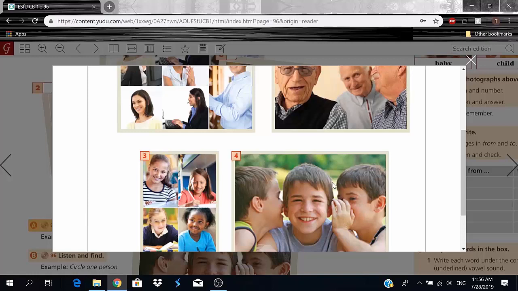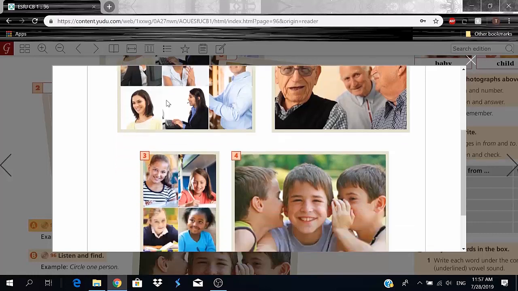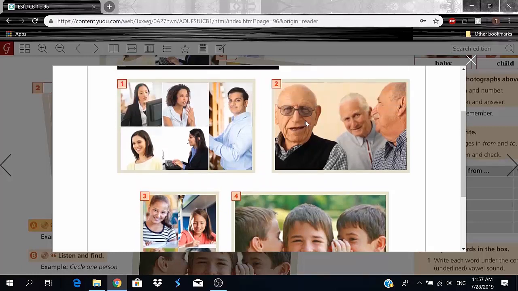Then we have an adult, and an adult is basically someone from the age of 20 to around 65. Right after 65 is when we consider someone to be old. A female person can be a woman or a girl, so all these are female people. A male person, same thing here.